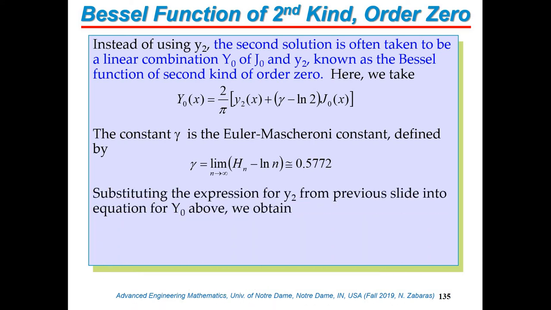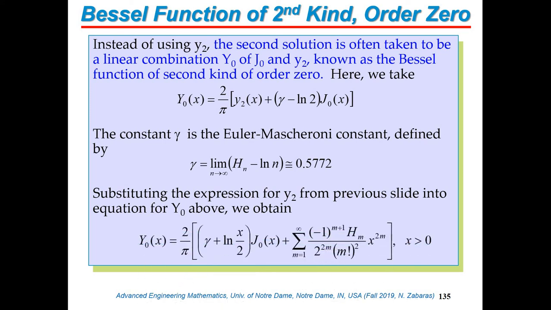Okay, so if you explicitly plug in y2 in this expression for y0, then you can actually get this Bessel function of the second kind of order 0 to take the final form that you see on this slide.